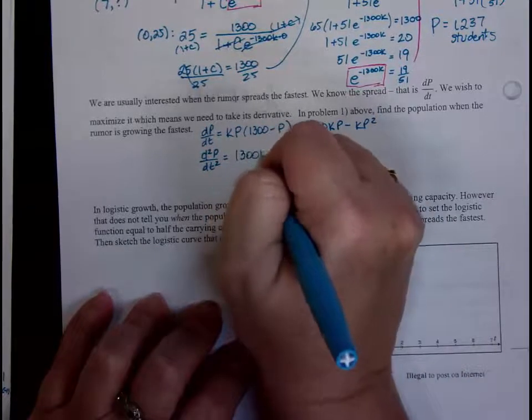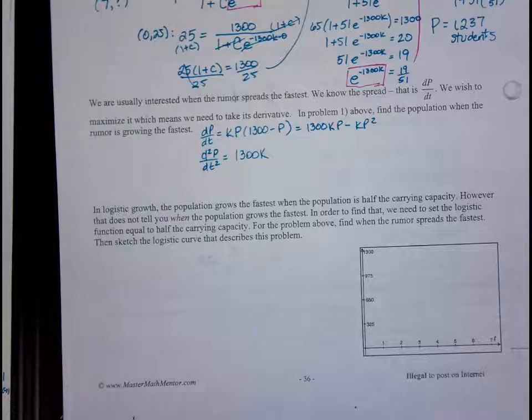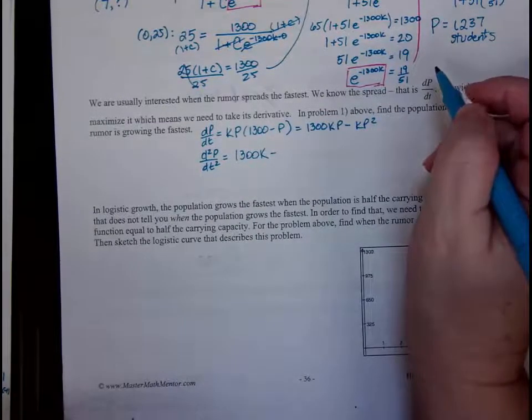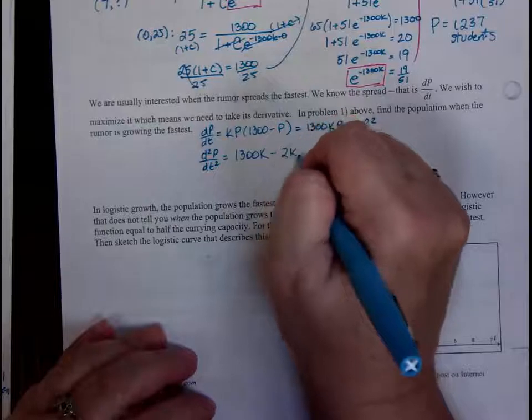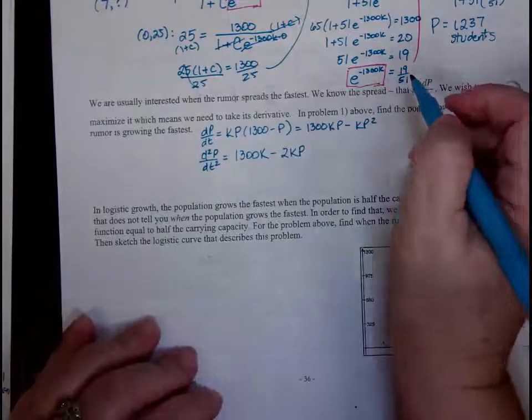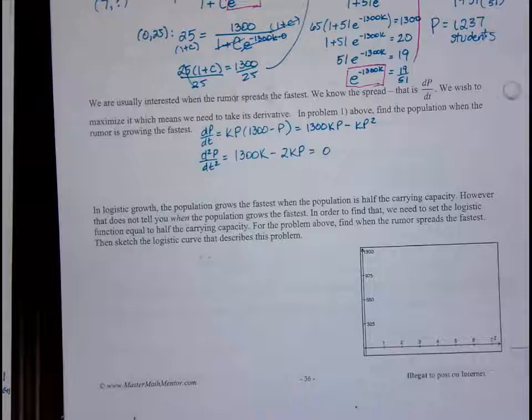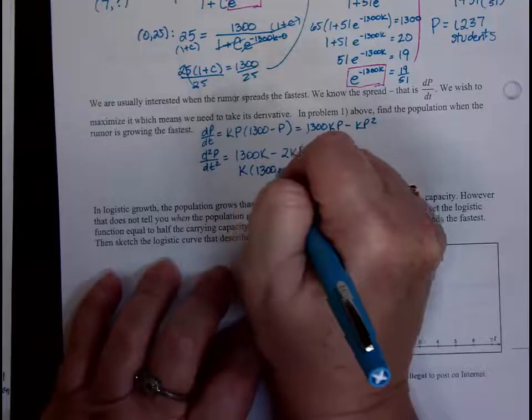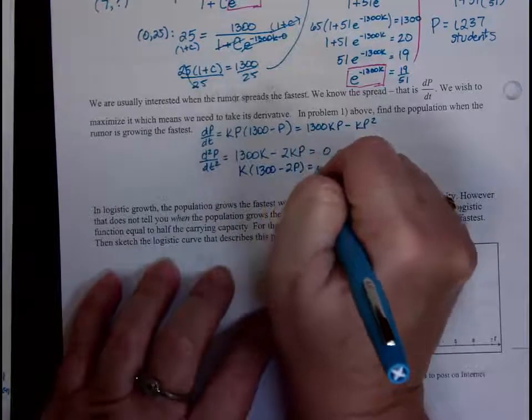Minus 2kp to the first. And we're setting that equal to 0. Okay? Now, is there anything I can factor out of this thing? I can factor out a k. So we'll take the k out, and that leaves 1300 minus 2p equals 0.